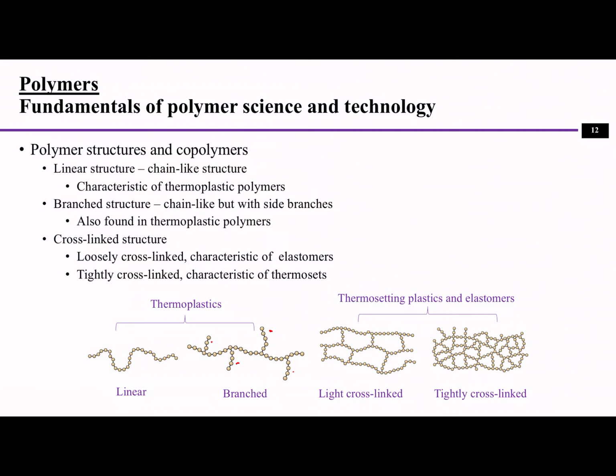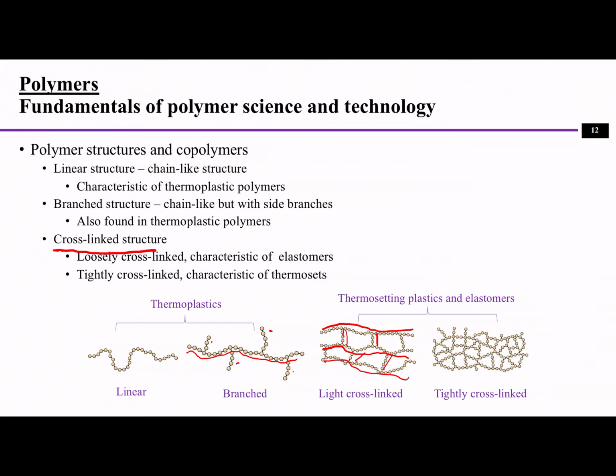This is one chain, but there are some branches formed. Another type of structure is the cross-linked structure, which means there are multiple chains, and also some cross links between the chains, right? Cross links between the chains.